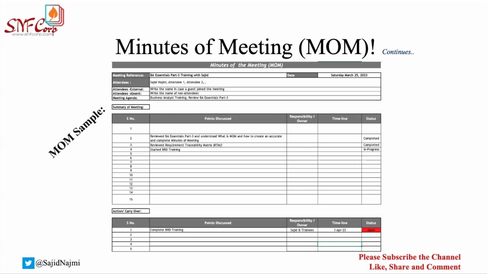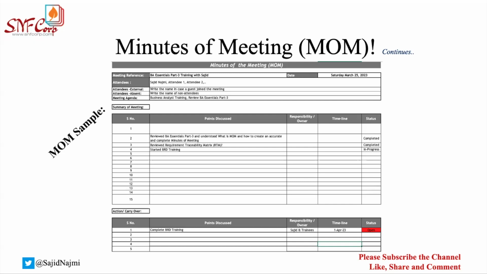So that's the action. Now, what is carryover? Let's say next week, we could not complete this BRD training, for any miscellaneous reasons. So we will have this point as a carryover action item. We had something for this, but we could not complete it, and now it is carrying over to the next training or next meeting.